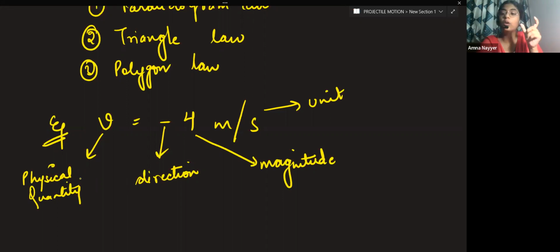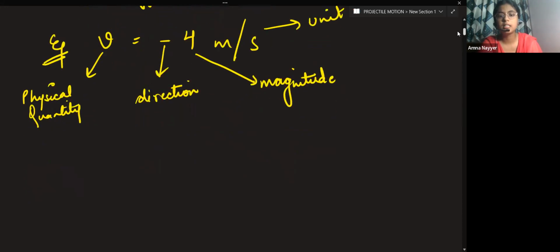So in an equation, you have a physical quantity. Now, how to determine whether it's a vector quantity or a scalar quantity is something you can easily see here. In this case, what is happening? You are able to observe that there's a magnitude, 4. You are able to see that direction is there.